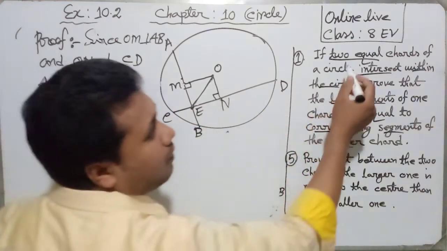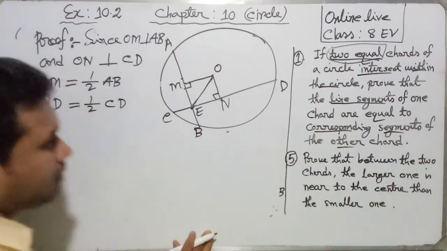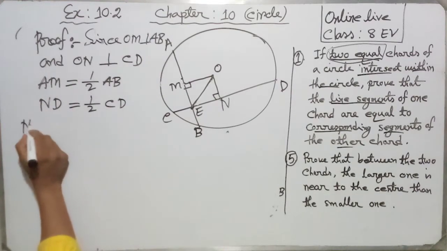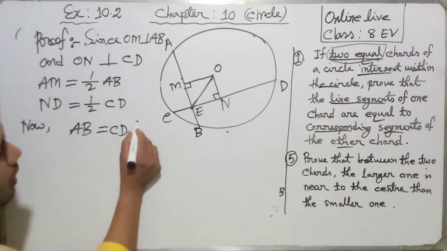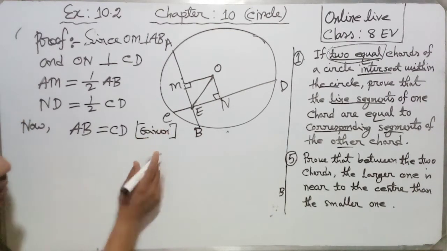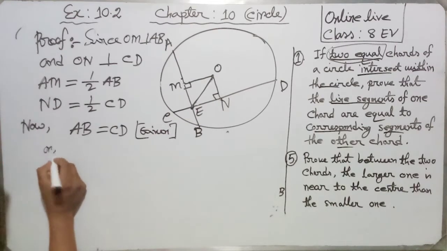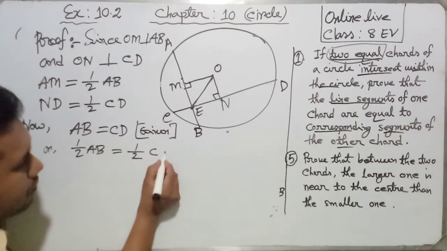Now dear student, look, our question said that these two chords are equal. So AB equals CD. Why? They are given. The question said they are given. So now we can write half of AB is half of CD.